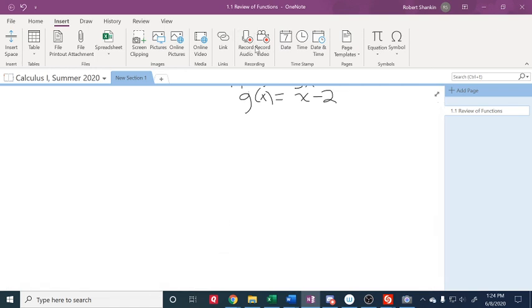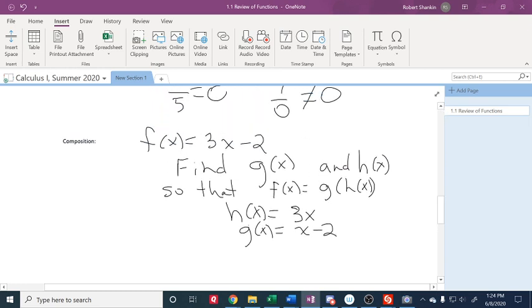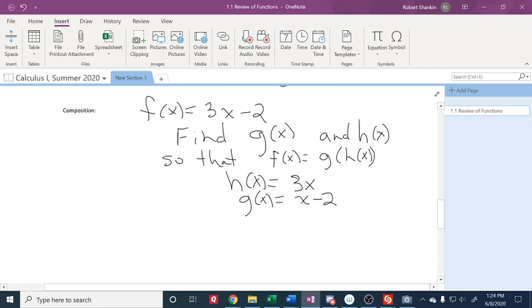So up here, if we take g of h of x, h of x is 3x, so we replace it with 3x, and the g of anything means that anything minus 2, and that will work.